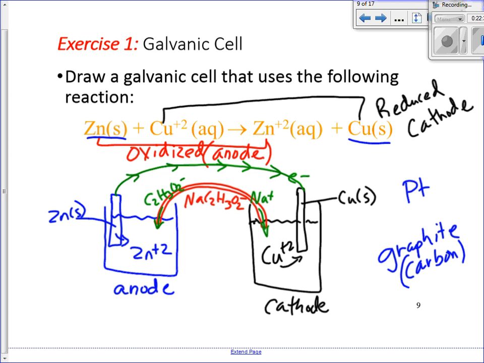So very good metals to make things out of. Gold is another one that's not very reactive. Of course, these are more expensive to use. But you'll see electrodes like a platinum wire. We have lots of carbon electrodes in the back room too, so those will work as well.